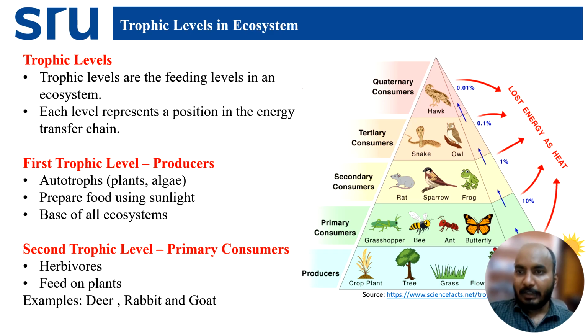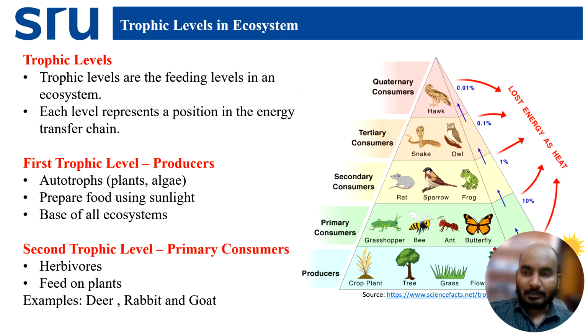Trophic levels represent the feeding position of organisms in the ecosystem. They represent stages of energy transfer, starting from the producers, the original source, to the consumers.